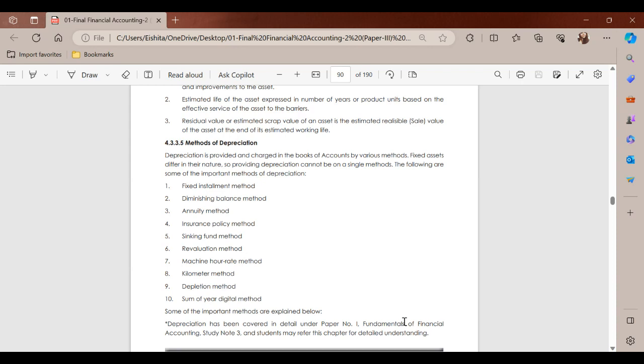So that way 5 by 15, 4 by 15, 3 by 15, 2 by 15, and 1 by 15. So the sum of years is calculated and depreciation is charged using the sum of years method.